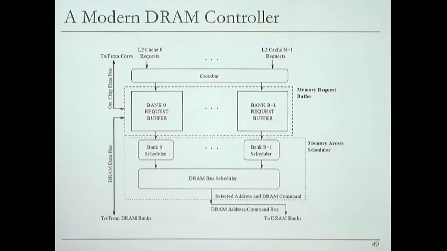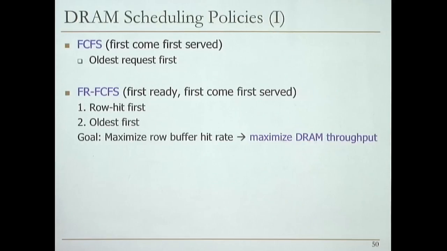Whereas if you had a monolithic request buffer that is shared across banks, you could actually dynamically share that. So it really depends on your load on the banks. And a lot of modern schedulers do this design, but other designs are possible as well. OK.